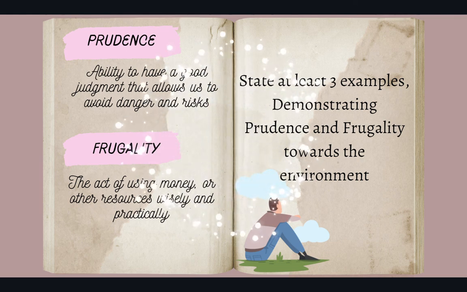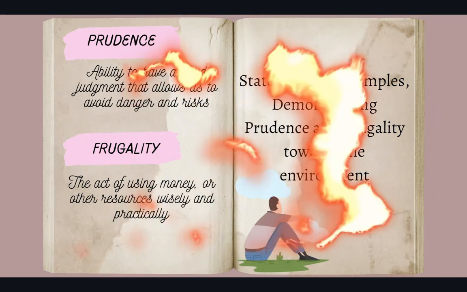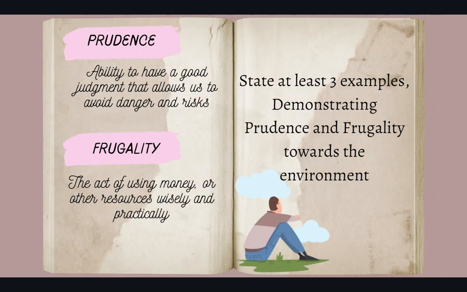Okay? So, since naunawaan nyo na, and hoping talagang naunawaan ang pinagkaiba ng prudence and frugality at kung ano yung maitutulong nito when it comes to our environment, ayan, may hinanda akong question dito.